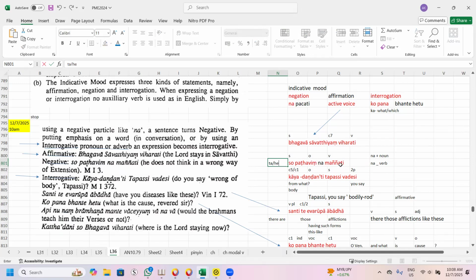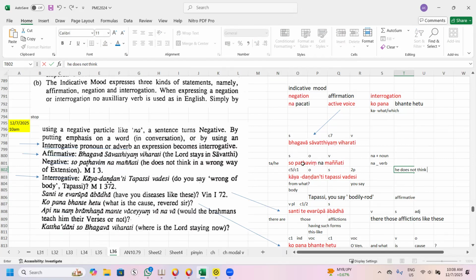So the word maññati means he thinks. You combine it: he is the subject, and this is the person. So the na, we take it as does not, does not think.